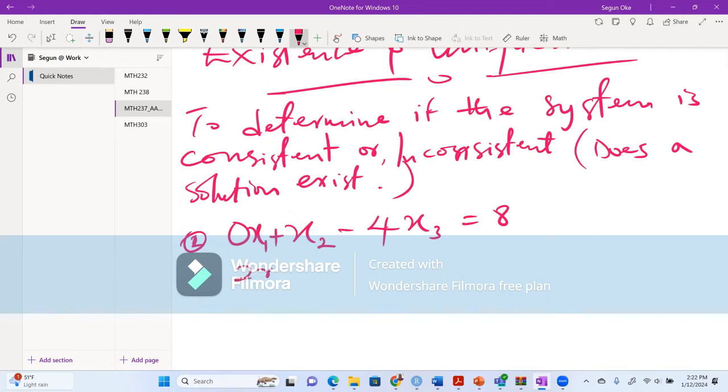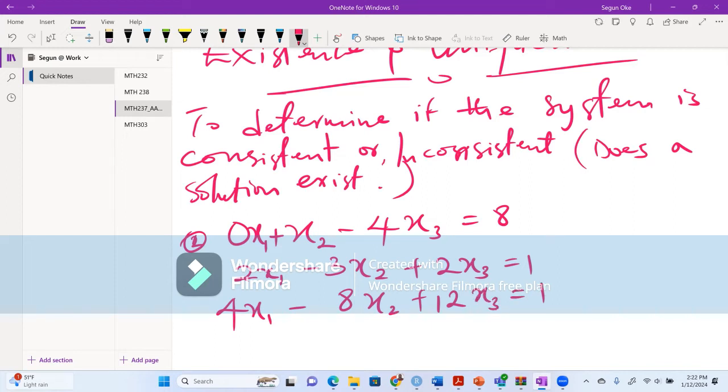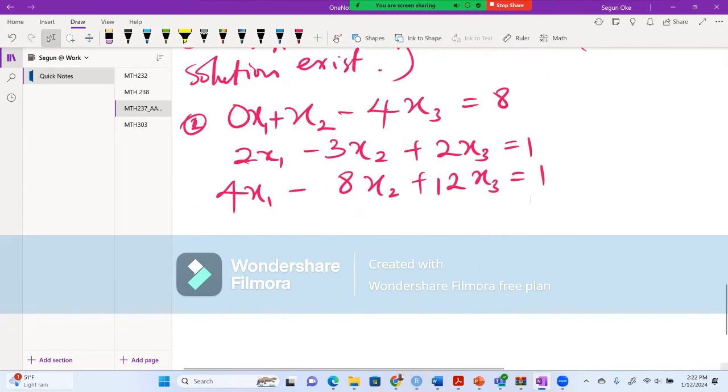Then you have 2x1 minus 3x2 plus 2x3 equals 1. Then 4x1 minus 8x2 plus 12x3 equals 1. So we have this system of equations, and we want to check whether it's consistent or inconsistent.